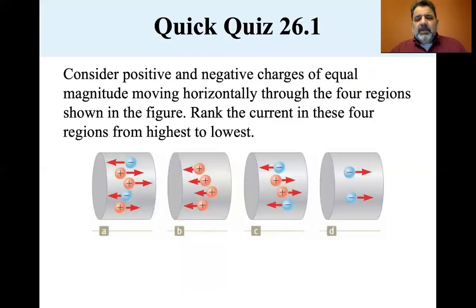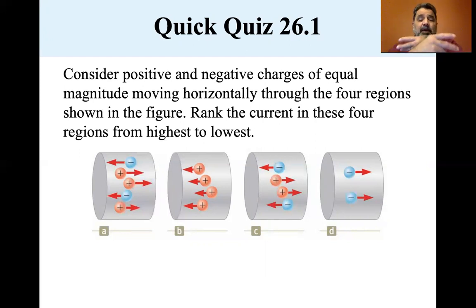Okay, now here we have a quick quiz. Consider positive and negative charges of equal magnitude moving horizontally through the 4 regions shown in the figure. Rank the current in these 4 regions from highest to lowest. Well, let's start with A. We've got 3 positive particles moving in this direction and 2 negative particles moving in this direction.